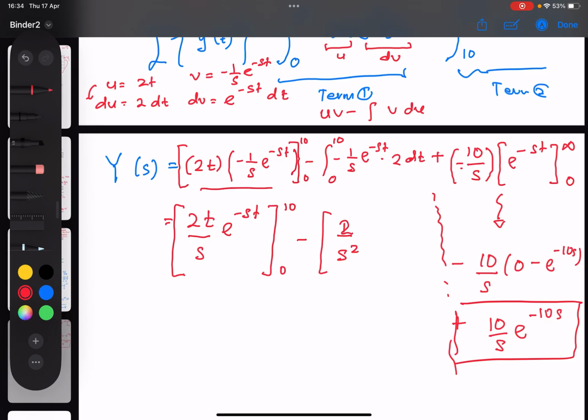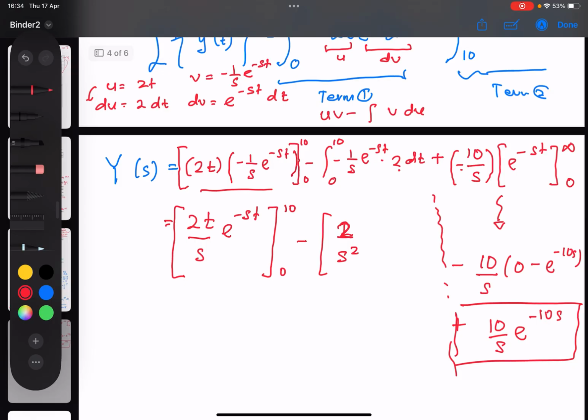Oh no, 2, because I've got 2 here. 2 divided by s to power of 2, e to power of negative st between t equals 0 and t equals 10.